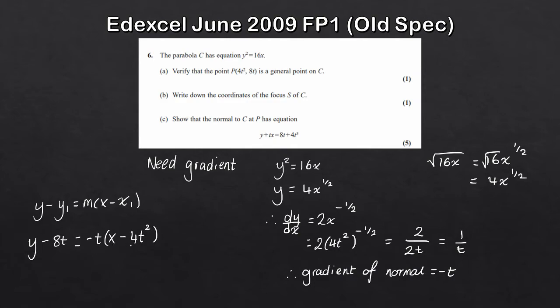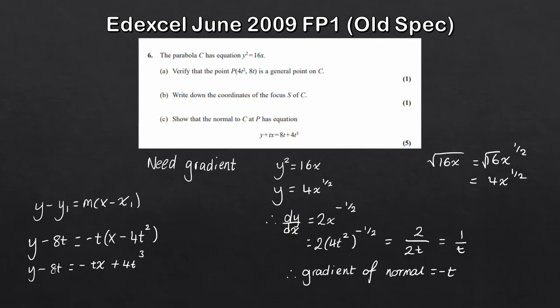Okay, and at this point here, we're basically just simplifying and manipulating to get it into this form. So y minus 8t is equal to minus tx plus 4t cubed, so just be careful with the negative signs. So minus t times minus 4t squared, we get positive 4t cubed.